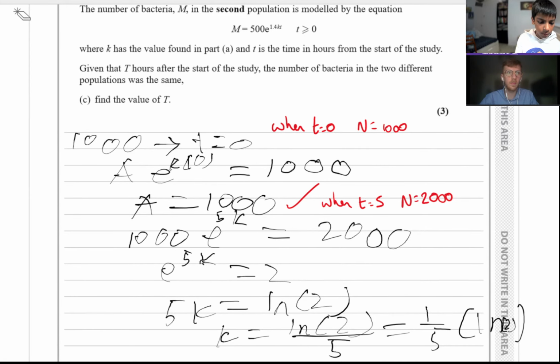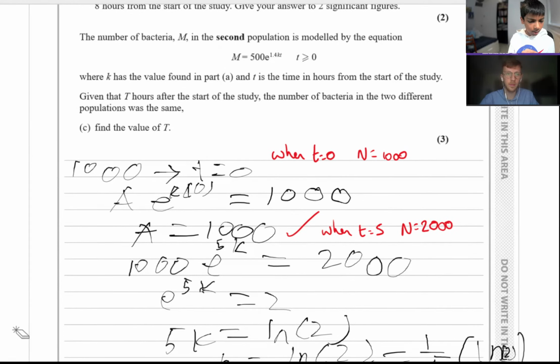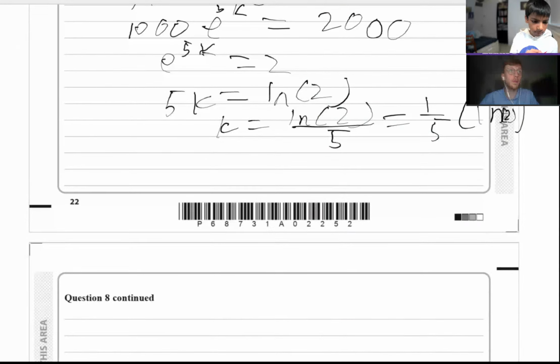And what we want to find out is the population in 8 hours. So first of all, you haven't written your answer to part A yet. Find a complete equation for the model. 1,000 e to the power of a fifth t ln 2.